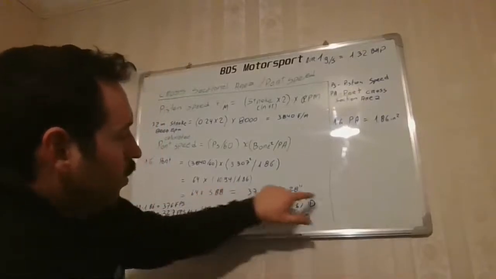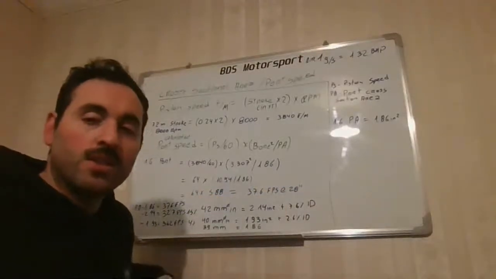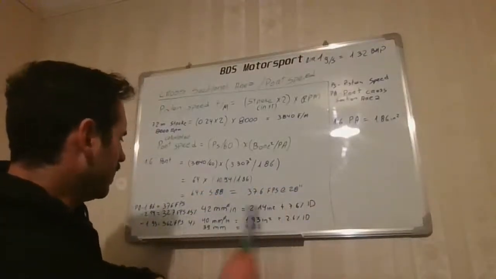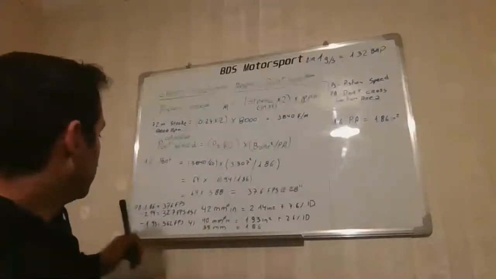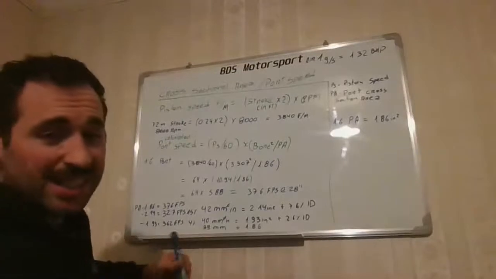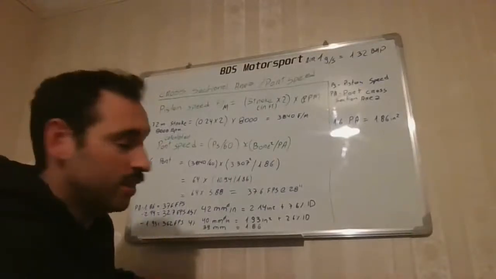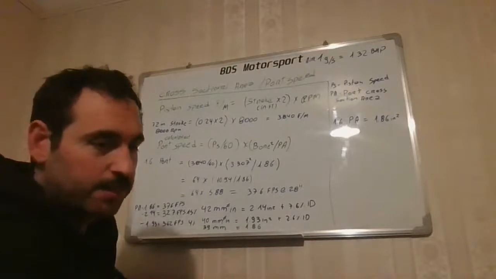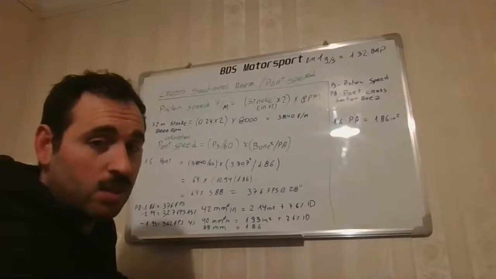How much are you going to pay for choosing this size? At 42 mil ITB, our port speed at 8,000 RPM drops to 327 feet per second. This is a 15% loss on port speed.